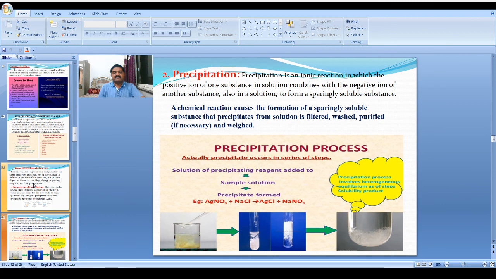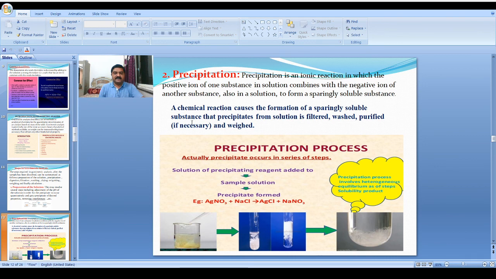The second step in gravimetric analysis is precipitation. Precipitate means it forms the insoluble form of the compound, which is prepared from solute and the solvent. This precipitation reaction is an ionic reaction in which the positive ions of one substance in a solution combine with the negative ions of another substance, also in solution, to form the sparingly soluble substance.